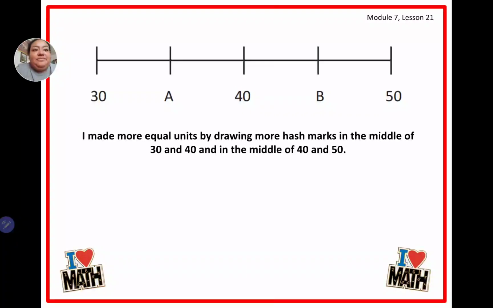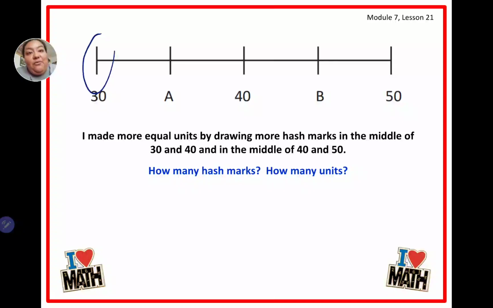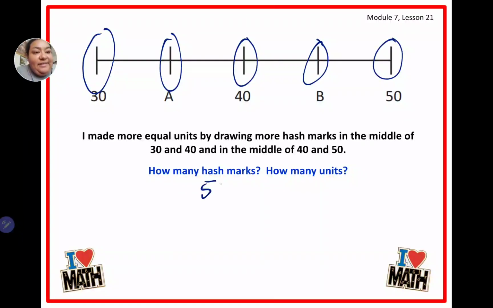Now, I made more equal units by drawing more hash marks in the middle of 30 and 40, and in the middle of 40 and 50. Now, guys, if I ask you how many hash marks, you're going to tell me I have 1, 2, 3, 4, 5 hash marks.